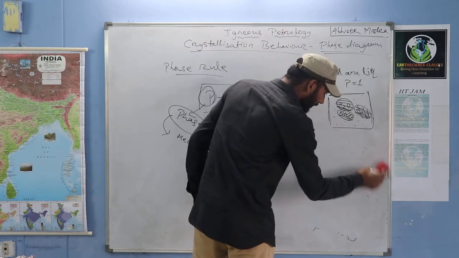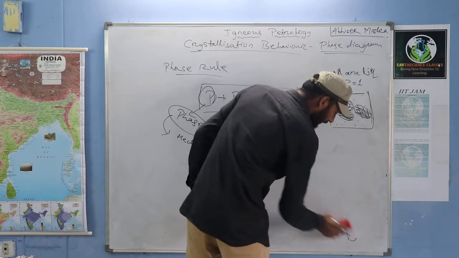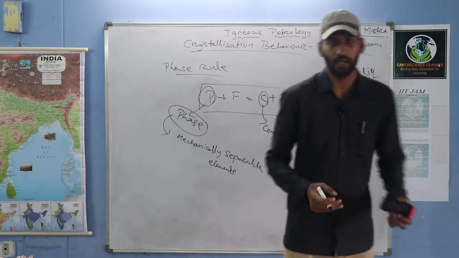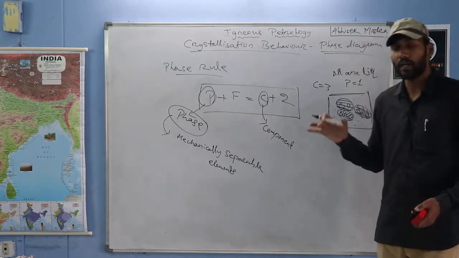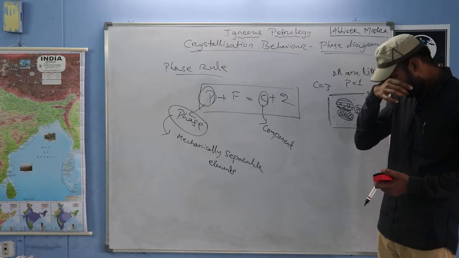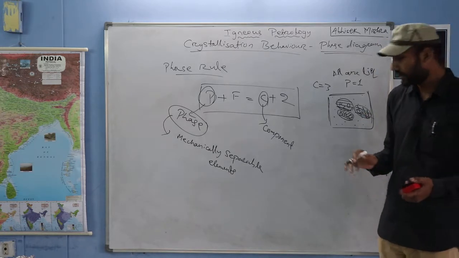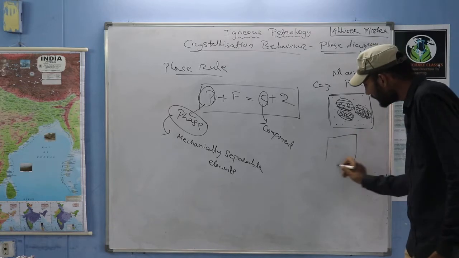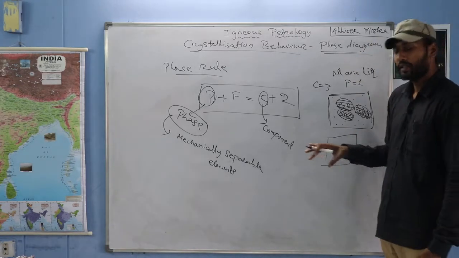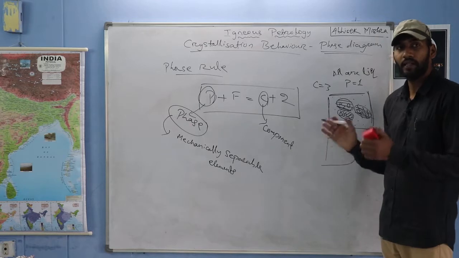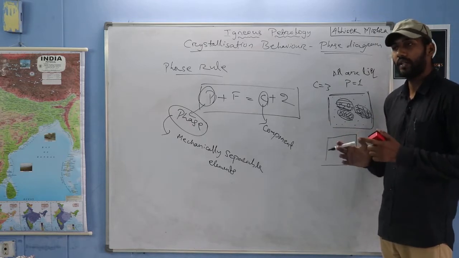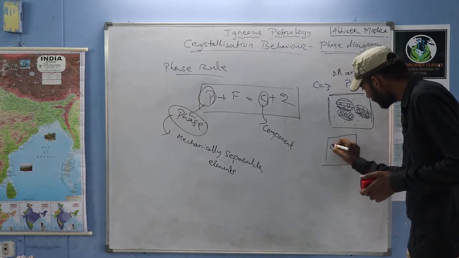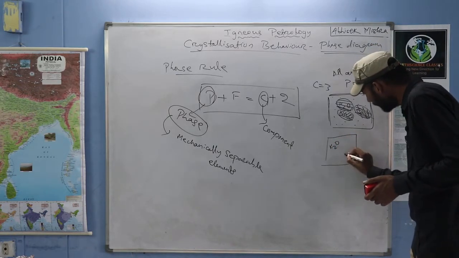While we are studying binary and ternary, binary means bicomponent, ternary means 3 component. That doesn't mean the magma contains only 2 components. But we are considering 2 components out of the magmatic system, and we are analyzing the crystallization behavior among those 2 components. Okay. So let's say I am considering K2O and SiO2.